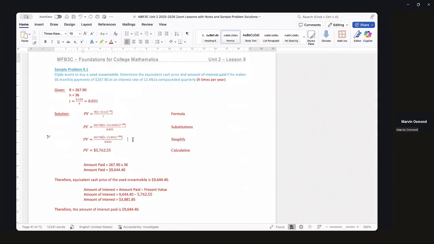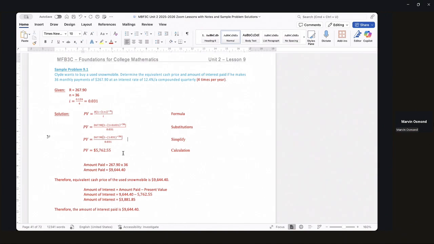So now the next part on top is to multiply that times 267.90. And then the last step is to divide that by 0.031. And I get 5,762.554915.